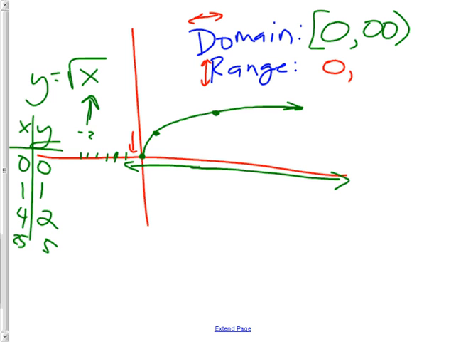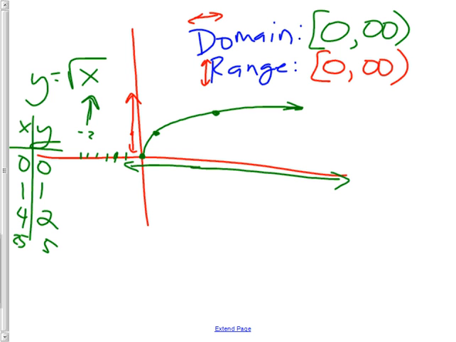What's the highest it'll ever go this way? Yes, the square root of infinity, which is also infinity. All right, so the brackets and the parentheses, can it actually be 0? Yes. Can it actually be infinity? No. All right. There's the domain and range of that function.